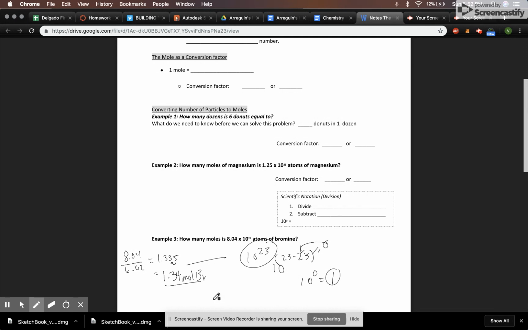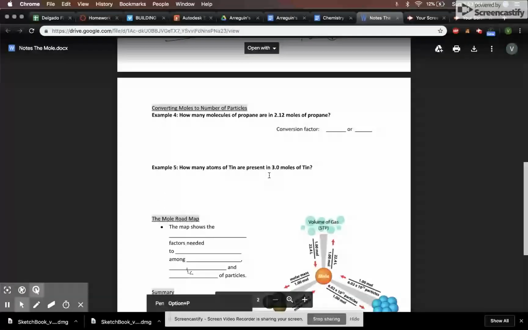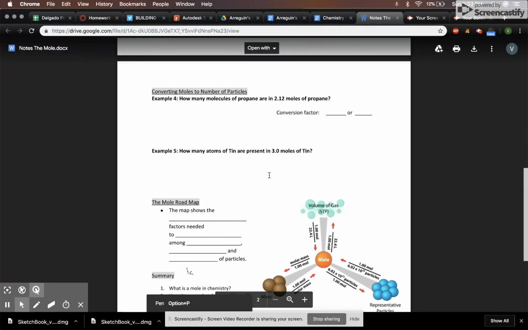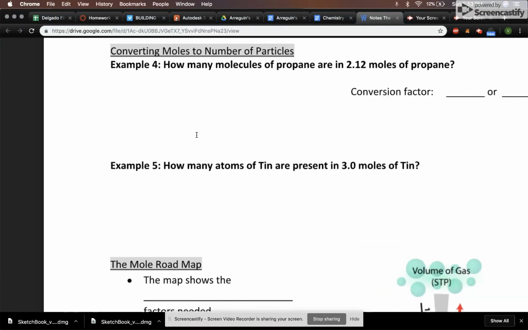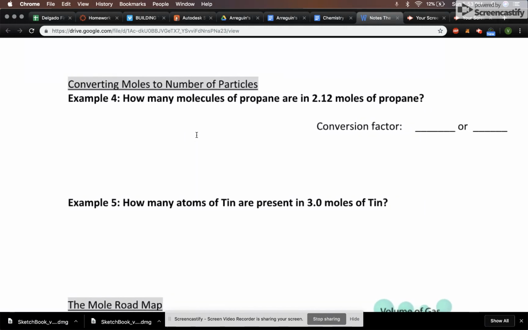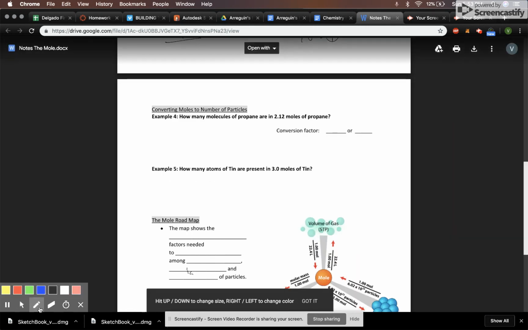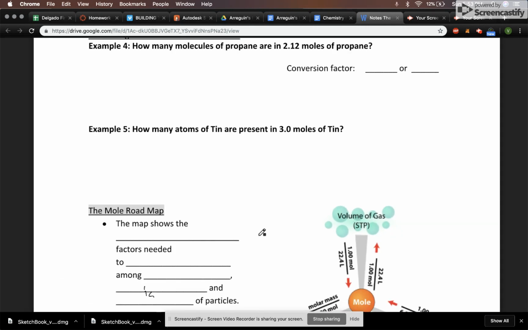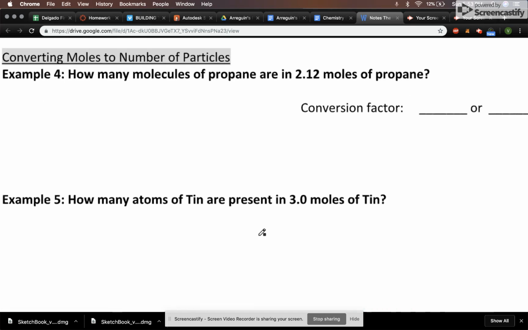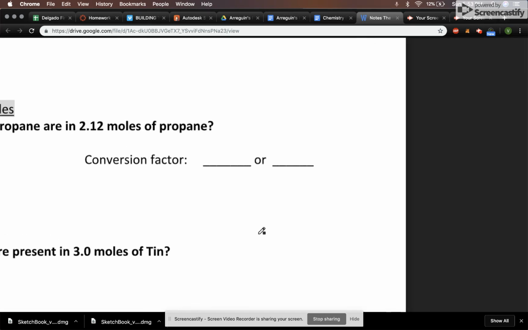Alrighty, let's continue on. Let's go into molecules of propane. Now we're going to be doing it a little bit differently. So the conversion factor, just get accustomed to writing the conversion factor.